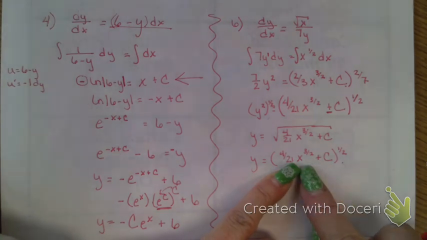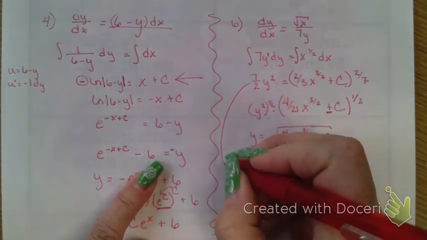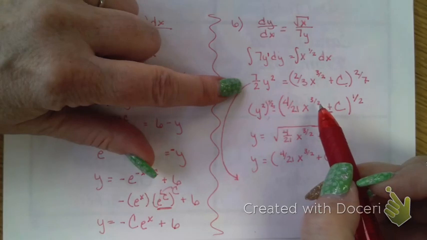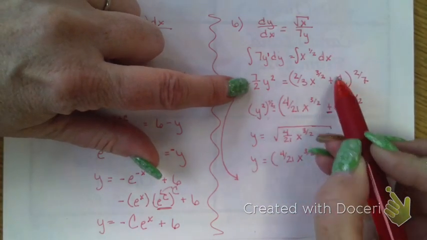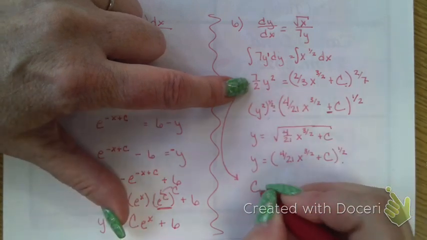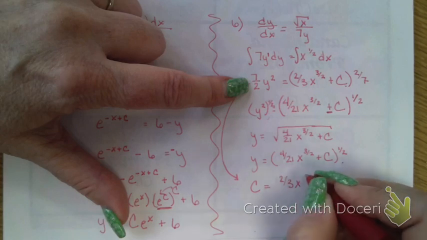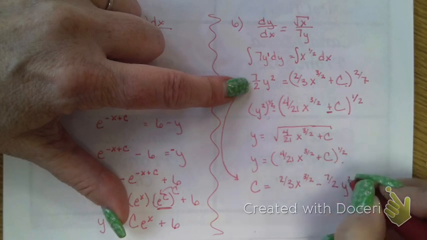So if I'm going to standard form, it'd be back here. And I would subtract my y over and my c this way. So I would have c equals 2/3 x to the 3/2 minus 7/2 y squared.